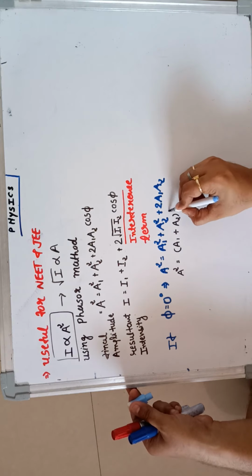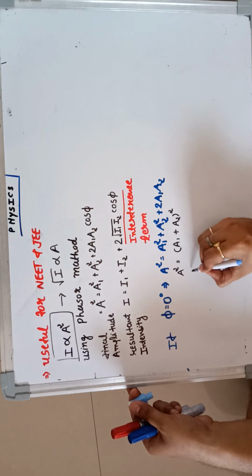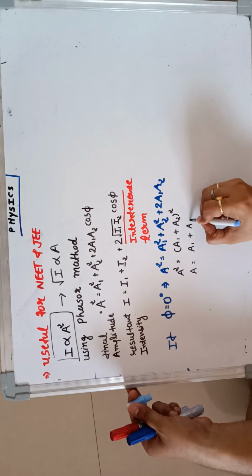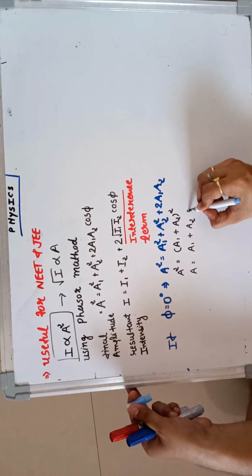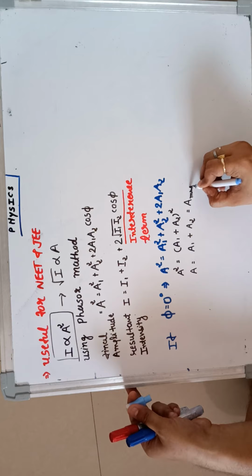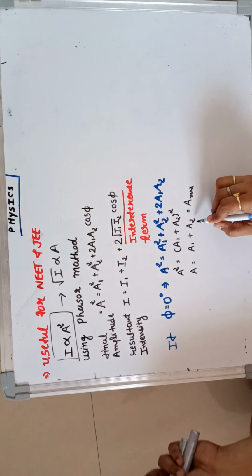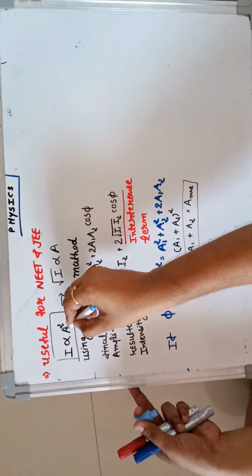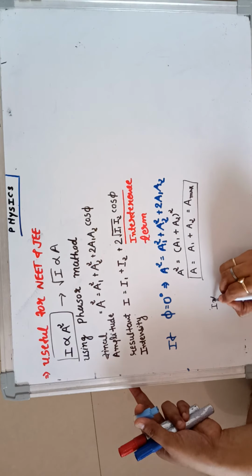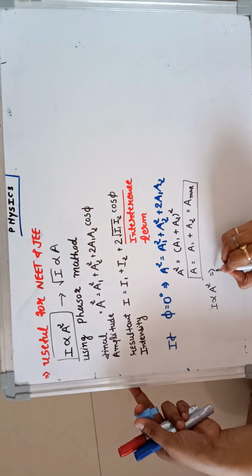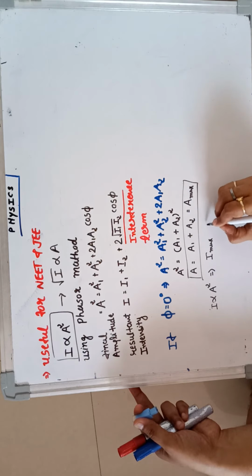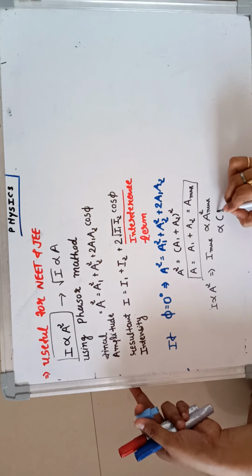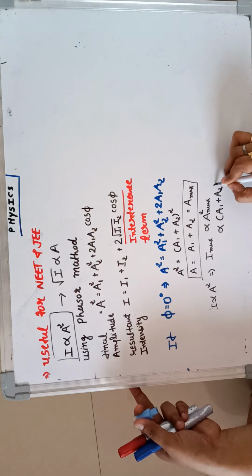Now take the under root on both sides, so A is equal to A1 plus A2. This is called the maximum amplitude, which is the sum of the two individual amplitudes. This equation is very important, and from this equation, I is proportional to A square, so I max is proportional to A max square, that is, A1 plus A2 whole square.